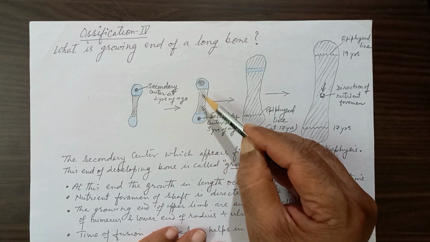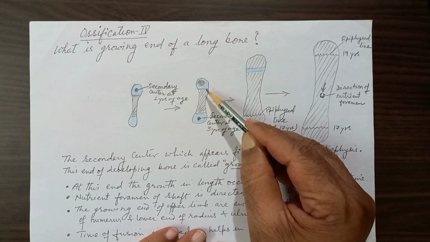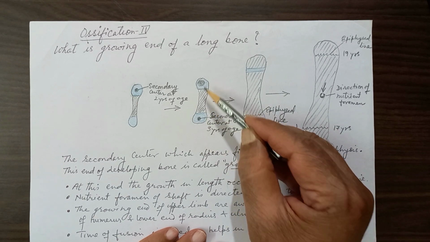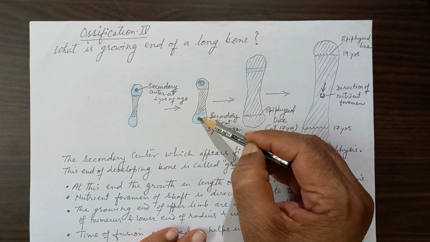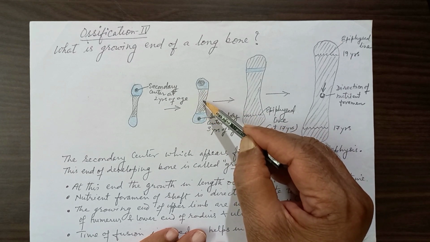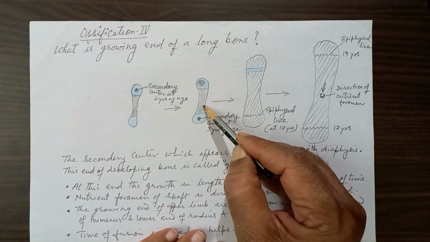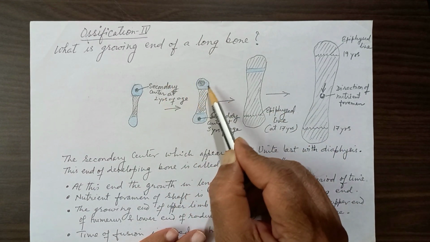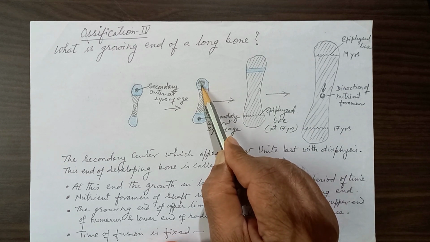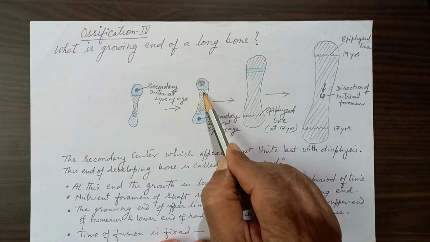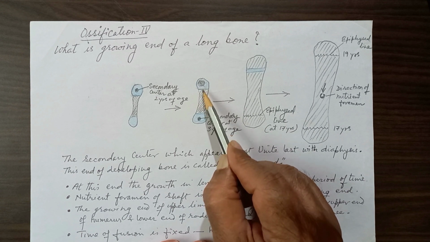Now both the ends are forming spongy bone, that is, epiphyseal bone is being formed here, and this bone at the ends is called the epiphysis, while the bone at the center, as you know, is called the diaphysis. Now the end which shows the appearance of the secondary center first will, as a rule, unite with the diaphysis last, for the completion of ossification at that end.